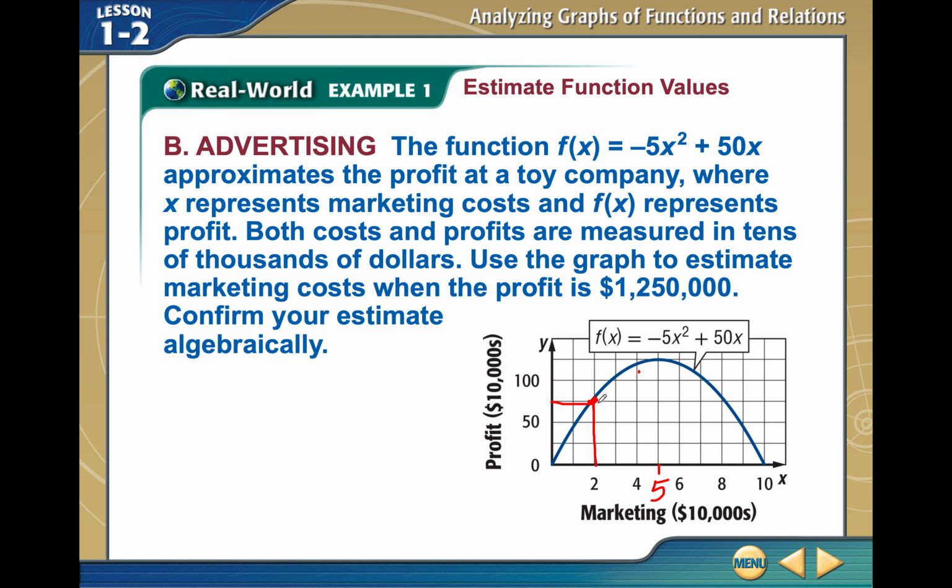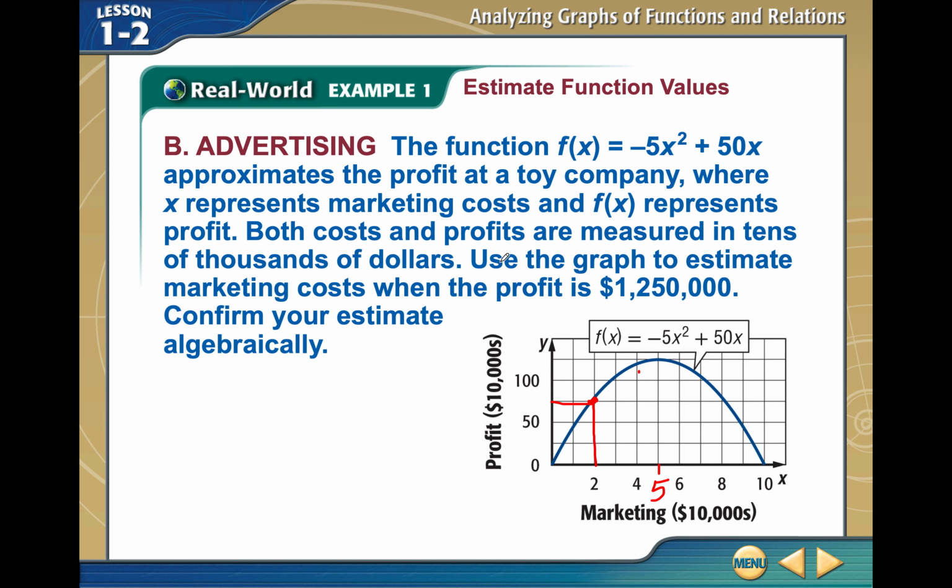So this point corresponds to 2 times 10,000, that's $20,000 in marketing cost, and 75 multiplied by 10,000, which is $750,000 in profit.